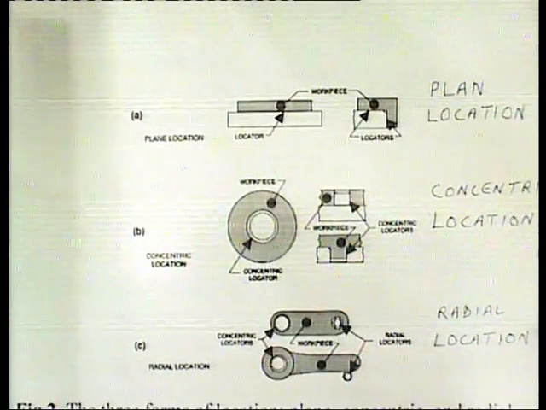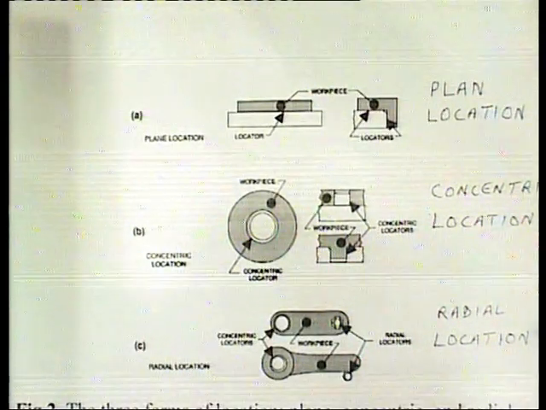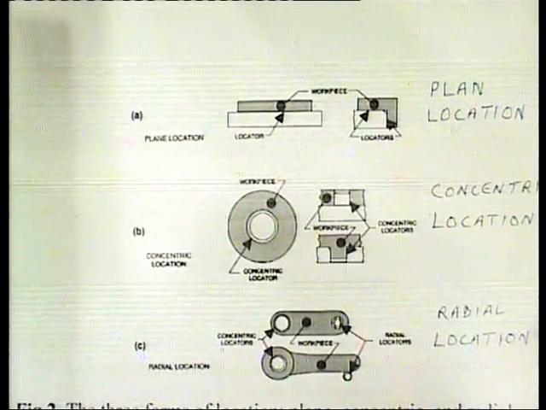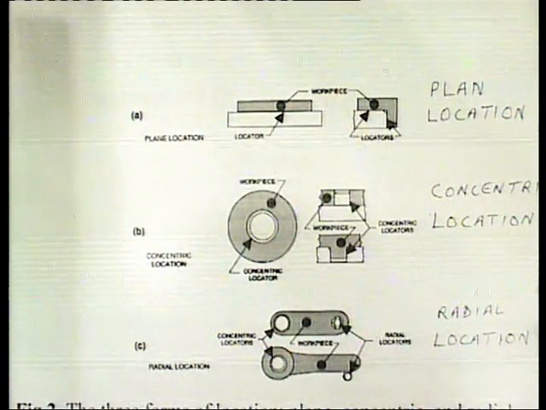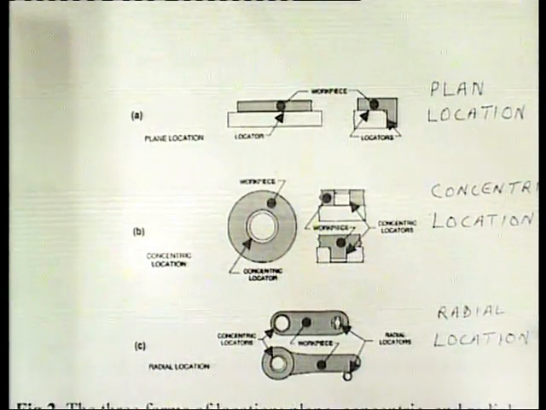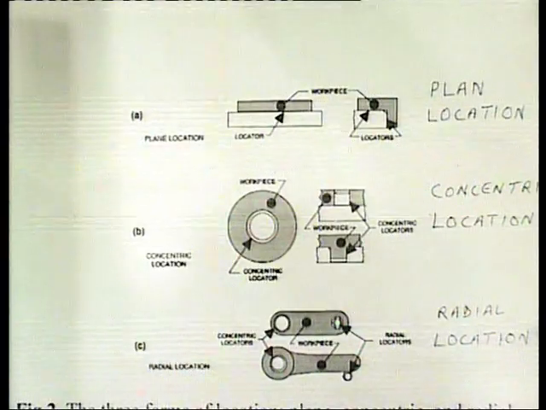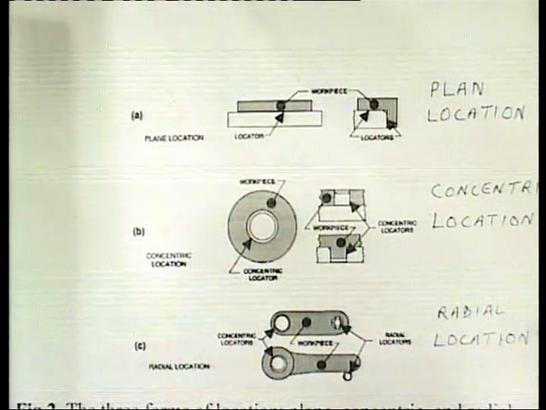So, as shown in figure 2b, the third type of location is radial locators. Radial locators restrict the movement of a workpiece around a concentric locator. So, figure 2c.